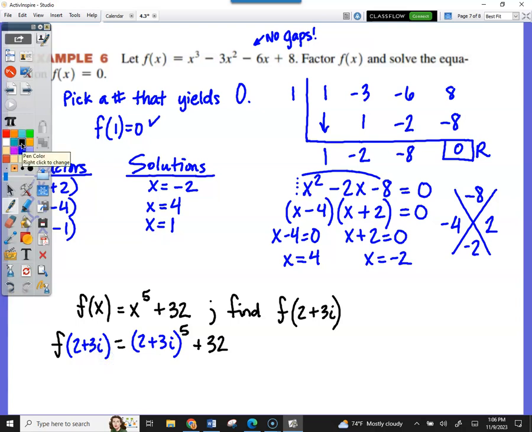So I plugged 2 plus 3i in. You have to clean it up.